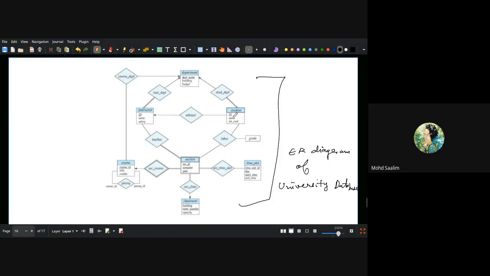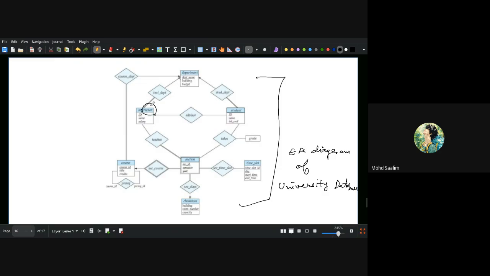So in every phase, you are understanding something. We have instructor, we have department, and between them there is a relationship called instructor_dept. It is just a random name, but there is a relationship between instructor and department, and this relationship is many to one.